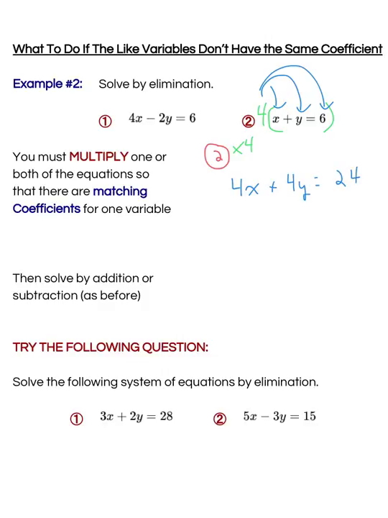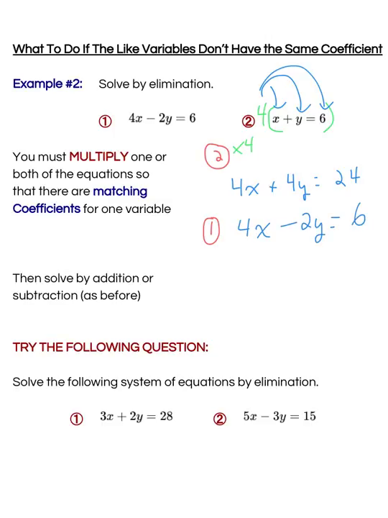Now, how is that useful to me? Well, you'll remember that the coefficient for my equation number 1, for the x variable, was 4. And so now I'm set up pretty sweet because I'm going to go ahead and write that out. So I have 4x minus 2y equals 6.